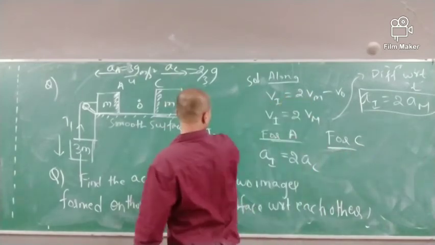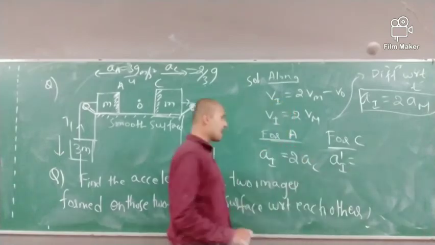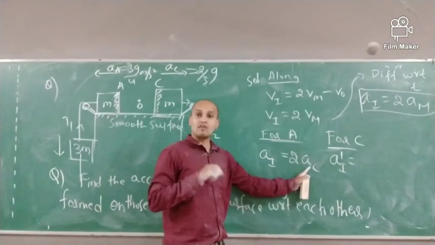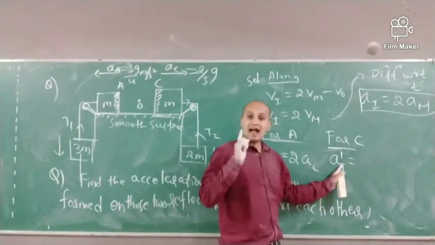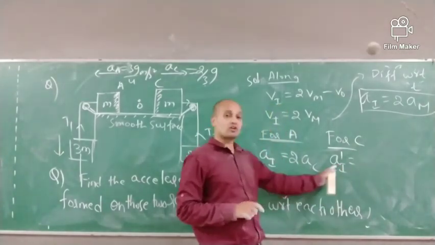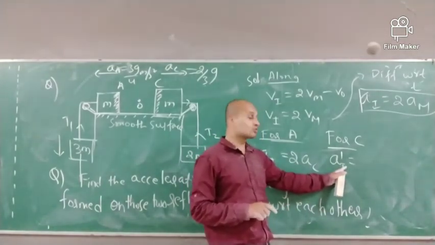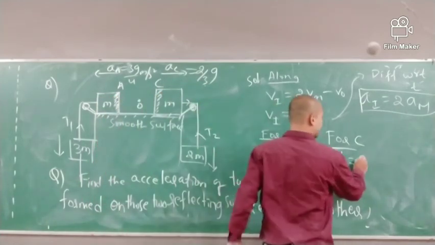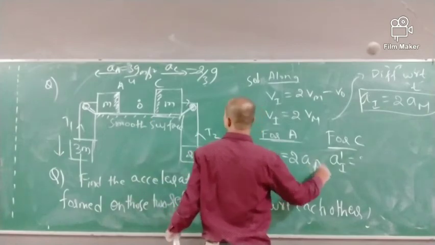For C mirror it becomes AI dash. What is AI? Acceleration of the image due to the acceleration of mirror C. What is AI dash? Acceleration of the image due to the acceleration of the block or mirror C, both with respect to ground.